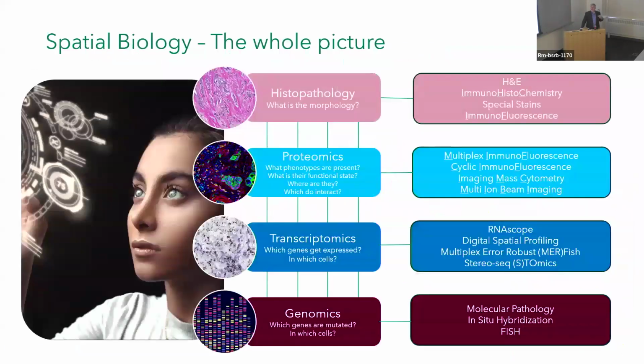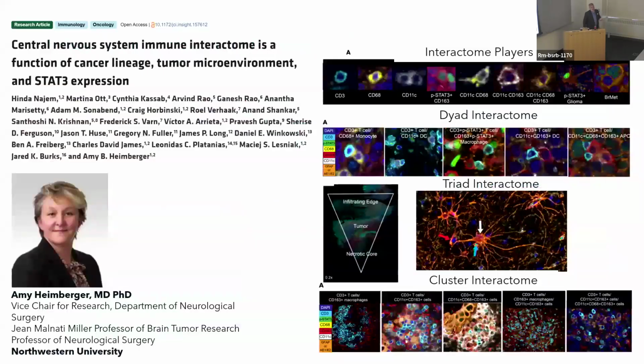So as we move out of the histopathology part of this talk and into the proteomics area of this talk, I want to introduce you to Amy Heimberger at Northwestern University. She's studying glioblastoma. They just published this paper recently. I think it came out actually while she was at MD Anderson.